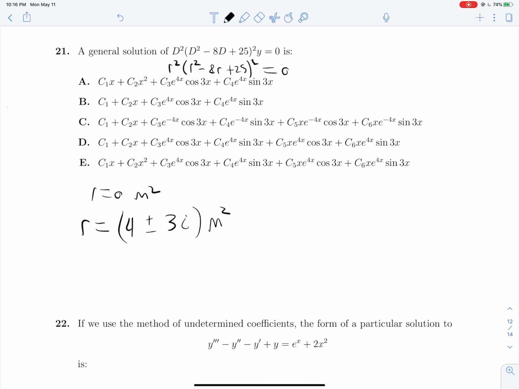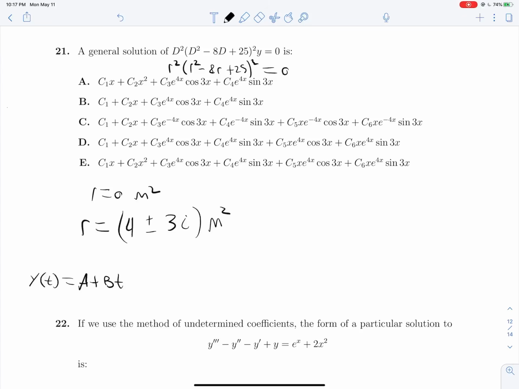Okay, so we'll manually write out our solution here. y of t is equal to, well, what's this 0 with a multiplicity of 2 going to do? That's going to give us, I don't like writing c's with subscripts, so we're going to use a's and b's, etc. A plus bt, that's what we'll get there.